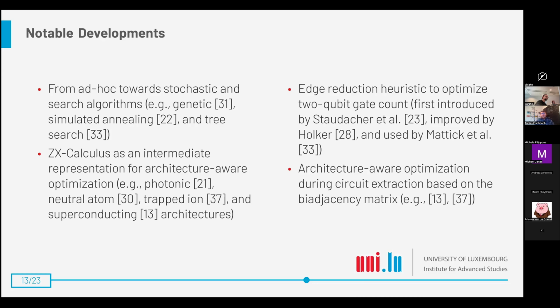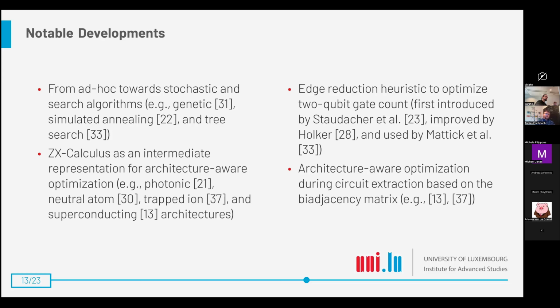So the next thing that I thought was kind of cool: in 2023, Staudacher introduced a first heuristic to reduce the edge count that also reduced the two-qubit gate count. And then Holker later improved it by using only causal flow preserving rewriting rules, and got an even better reduction in the edge count and two-qubit gate count.